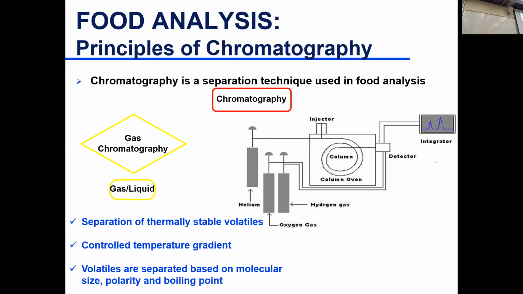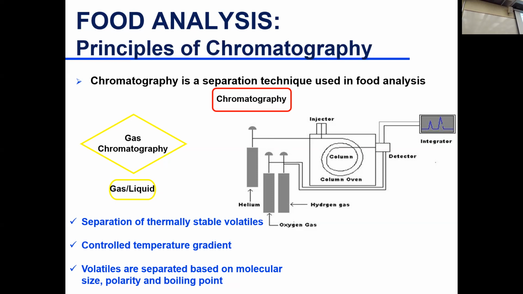Okay, so the capillary column, inside of it has your stationary phase. You'll have an injector where your sample is injected, and it moves with the helium, the carrier gas, and gets on the column. This oven heats up, so sometimes you build a gradient where you increase the temperature over time.